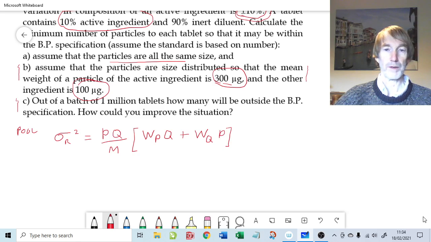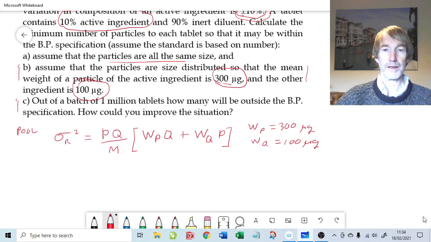Okay, and in part B we're told that WP is equal to 300 micrograms, WQ is equal to 100 micrograms.